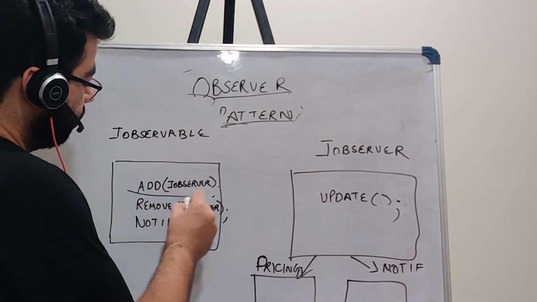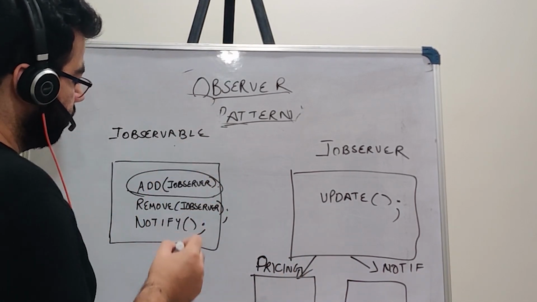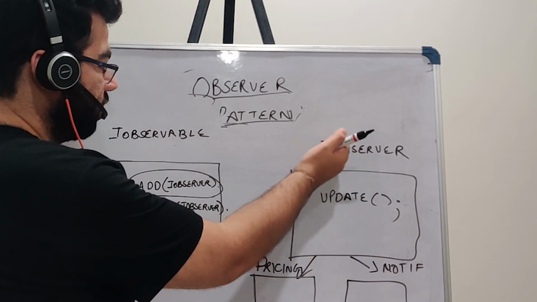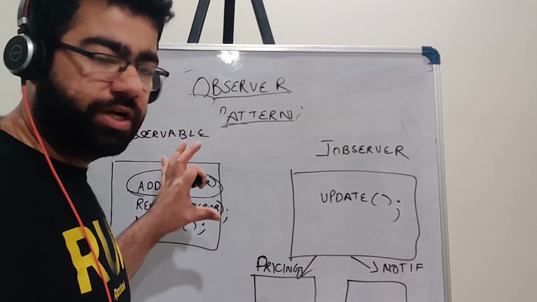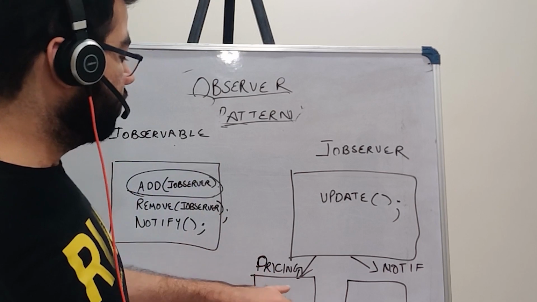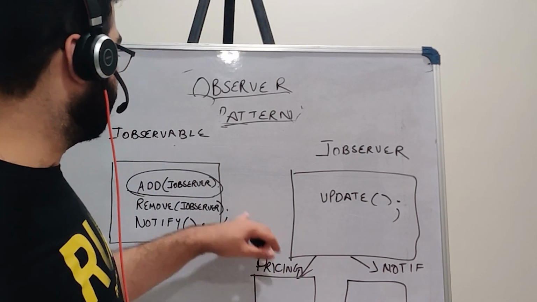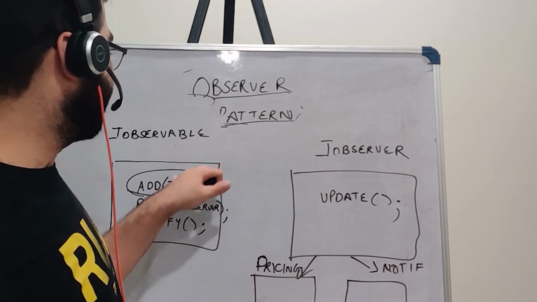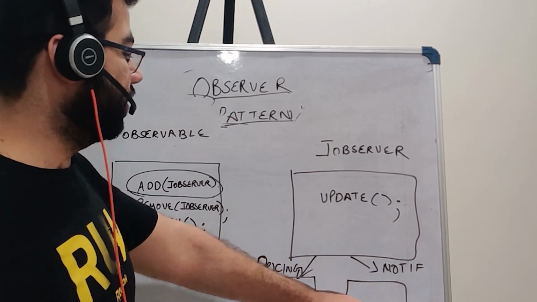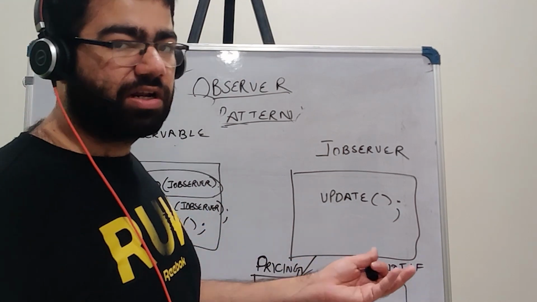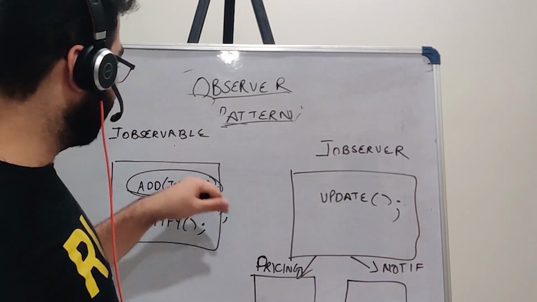Now in these interfaces, what will be the functions? One function would be an add function in this IObservable, to add any IObserver who wants to know about the status of this observable. So first pricing comes in that wants to know the status of the weather, we add it. Then a notification class comes, we add it too.